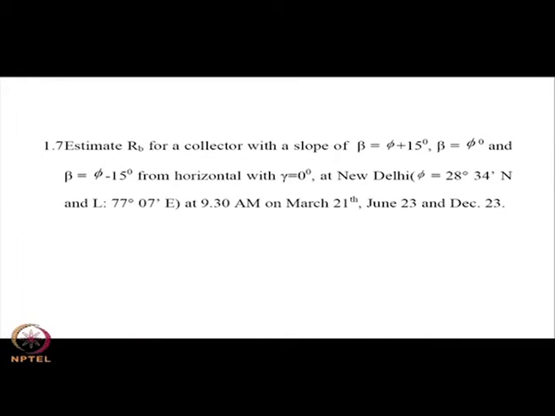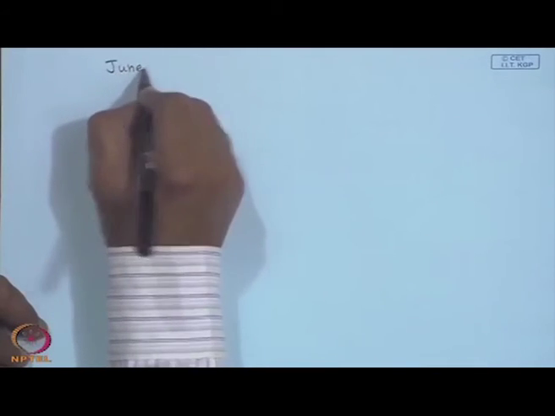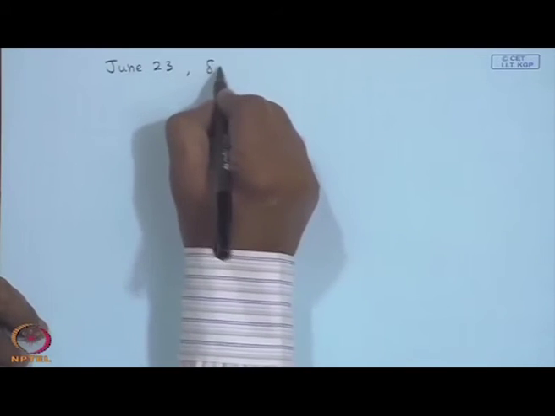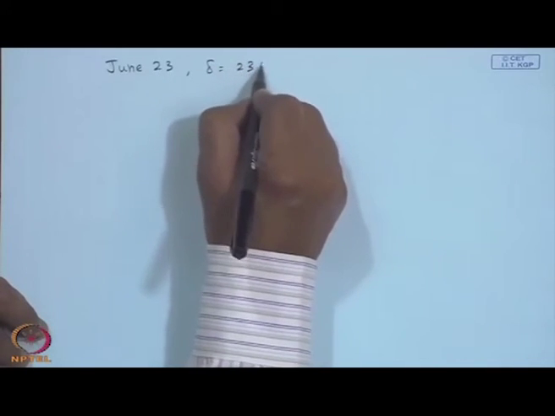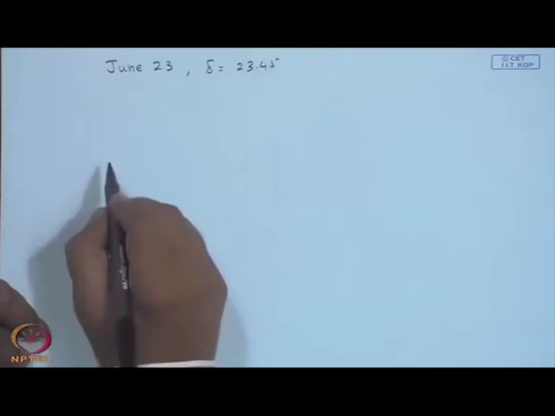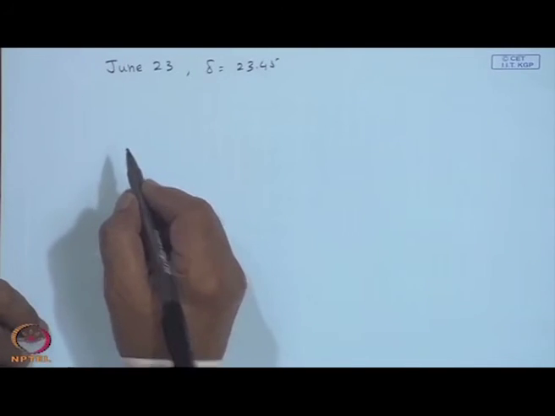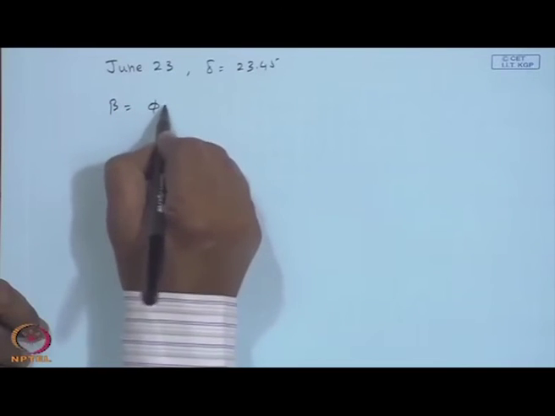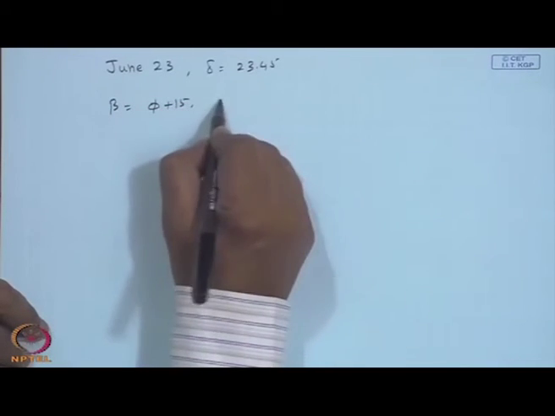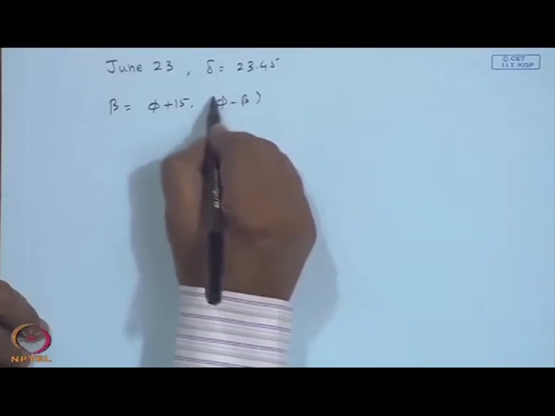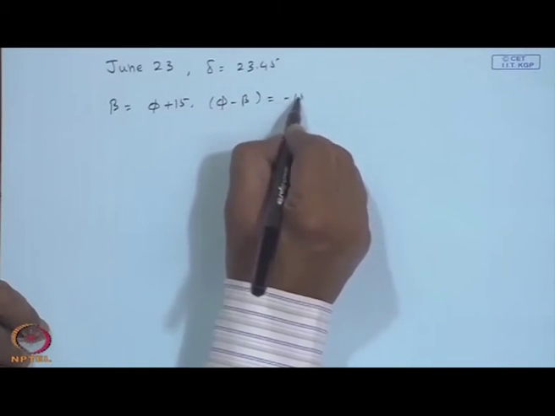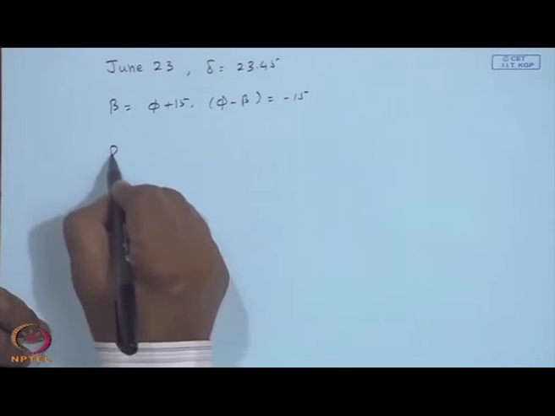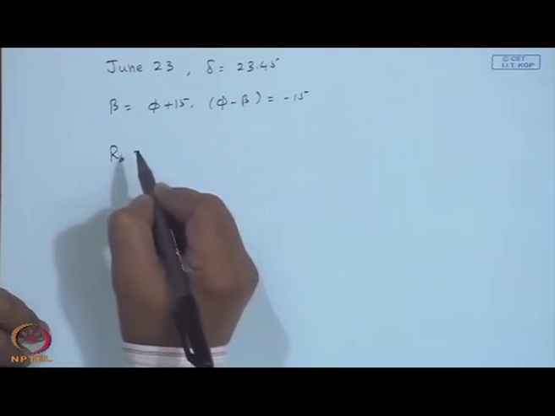Now, we go to June and delta 23.45. So, first case is beta is phi plus 15 or phi minus beta equal to minus 15, and you can calculate your RB with all the numbers.